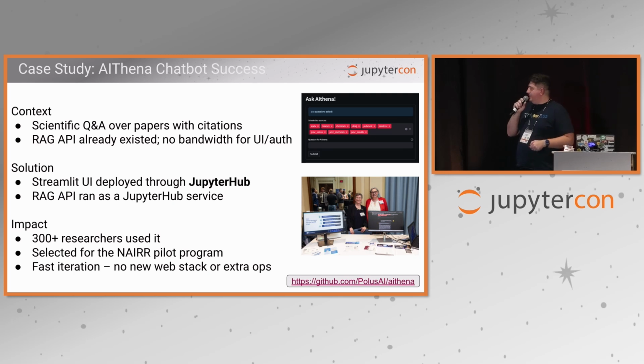As a result, it was selected for participation in the National AI Resource pilot program, and it allowed our developers, our data scientists, to iterate very quickly, which allowed them to reach people first and then build a more permanent application later.